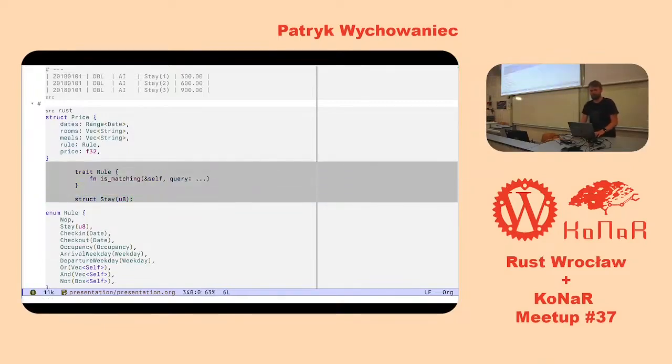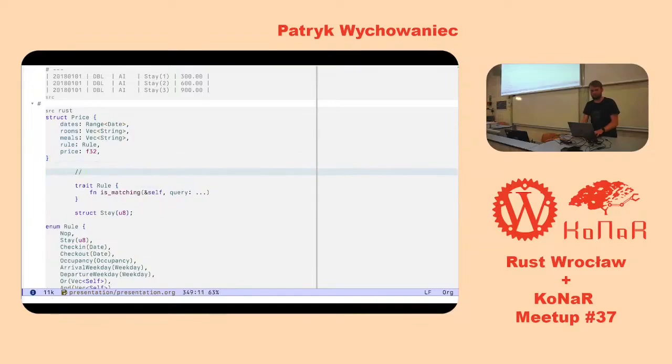The reason for not doing that is that if you have a Box of dyn Rule, then the box itself is 2 times usize, and then you have to actually include the size of the underlying struct. In this case, this would probably be 4 bytes because it would be padded, but let's say this would be 1 byte. But you still have to pay for the box for how large it is.